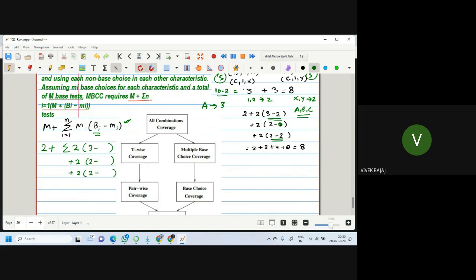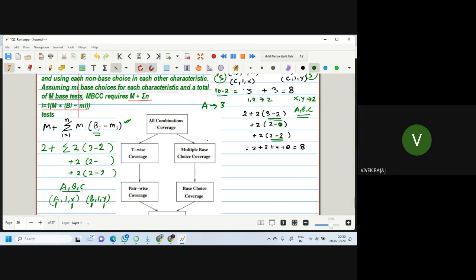Now for the ABC, I selected A1x and B1y. These are my two test cases. So for ABC, I have selected two values, 3 minus 2. For x and y, I have selected both values, 2.